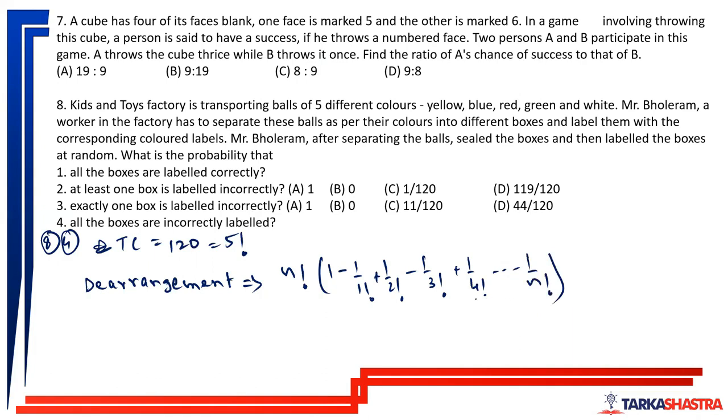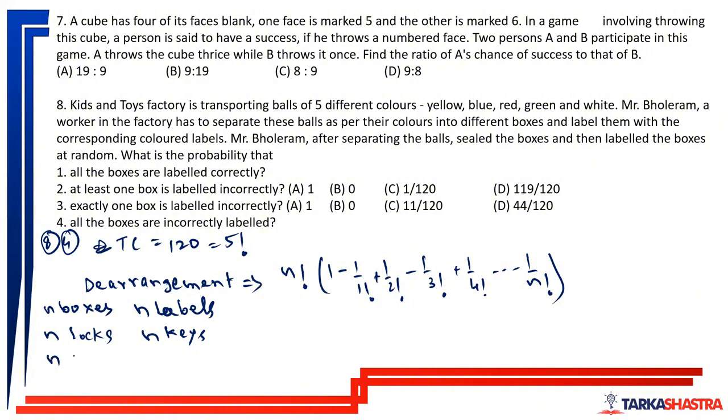Okay. Now what is this dearrangement? If there are n boxes, n labels, and none of them is to be arranged correctly. N locks, n keys, no key should go to the proper lock.